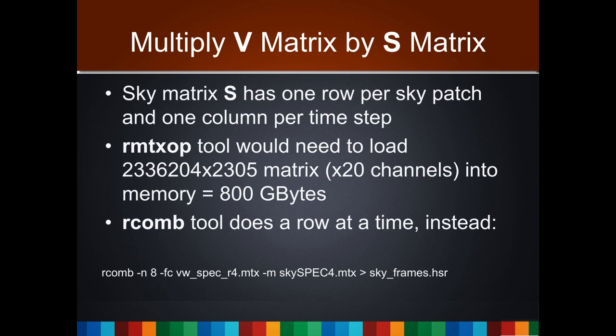So running that big matrix a row at a time and concatenating with the sky spectrum matrix, we output a single file, not an image. It is an HSR format, but it's like all the images in one file, in this common exponent format, so it doesn't take up all my disk space.